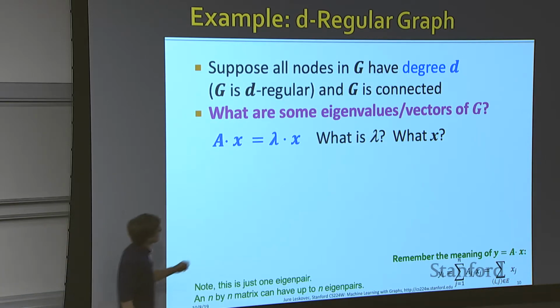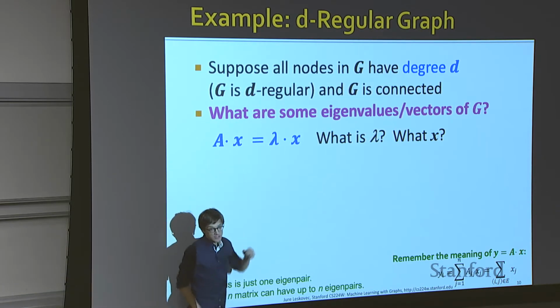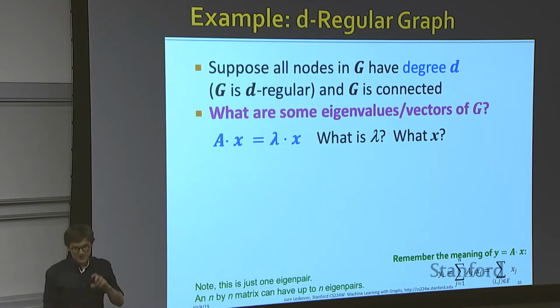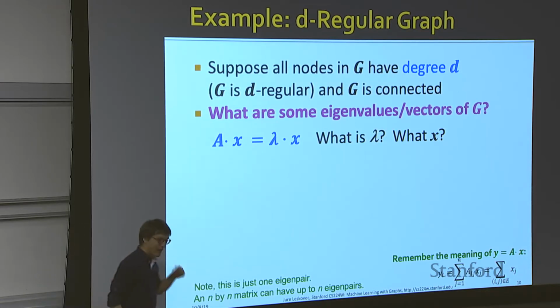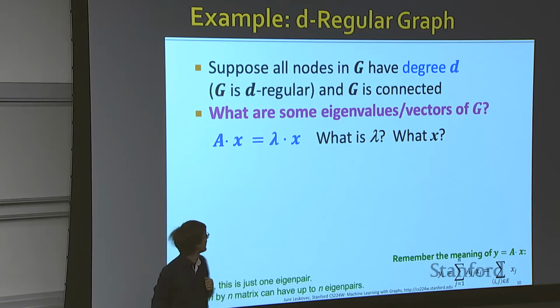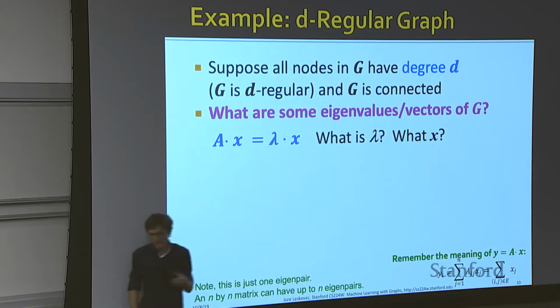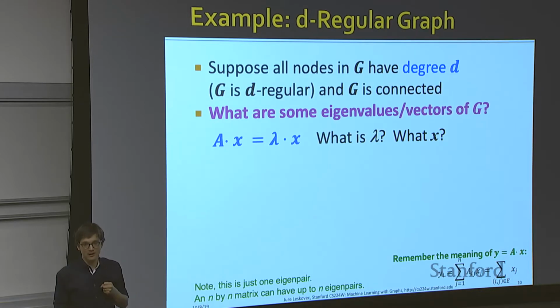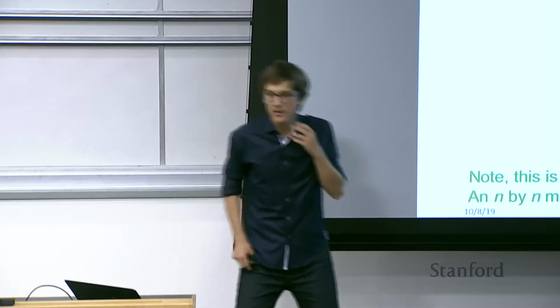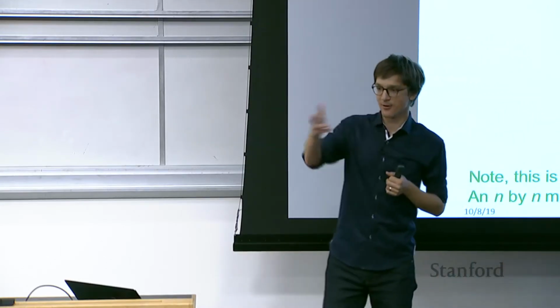Okay? So what we'll work with is d-regular graphs. What this means is that every node in the graph has degree d, let's say 4. And now the question is, what are some eigenvector pairs in a d-regular graph? I'm looking for suggestions. Yes?